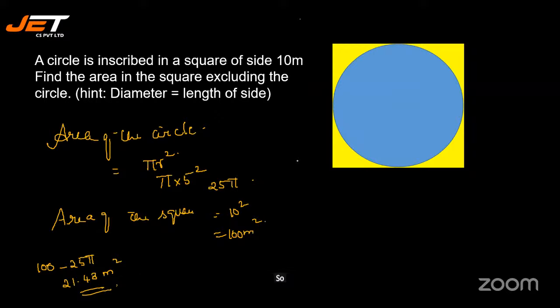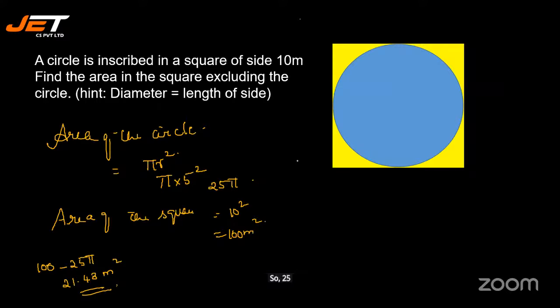So one student wanted me to explain. We are finding out the area of the circle, right? So the diameter of the circle is 10. So area of the circle is pi r square. Diameter is 10. What would be the radius? By 2, 5 square. So 25 pi.